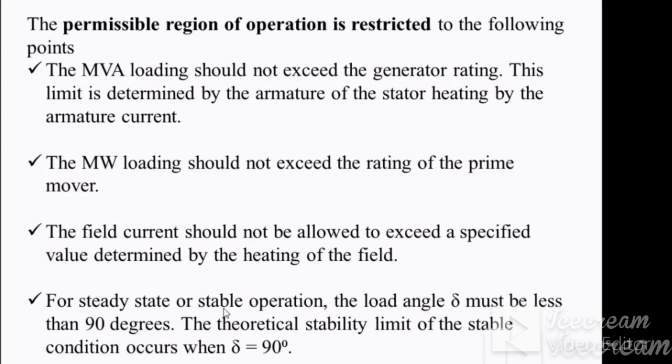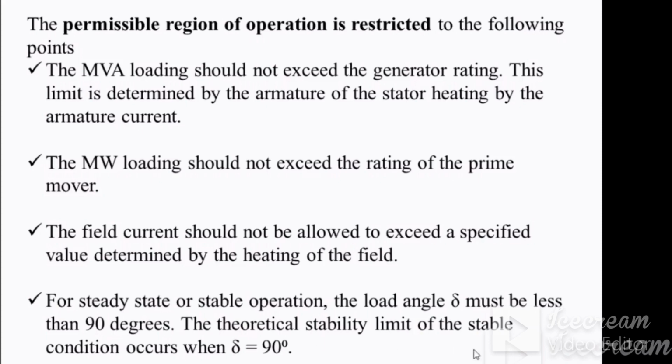For a steady and stable operation, your load angle must also be less than 90 degrees. We have seen previously in unit 1 how, when the rotor angle increased beyond 90 degrees, the alternator used to lose its synchronism, and this significance was seen using the synchronizing coefficient.